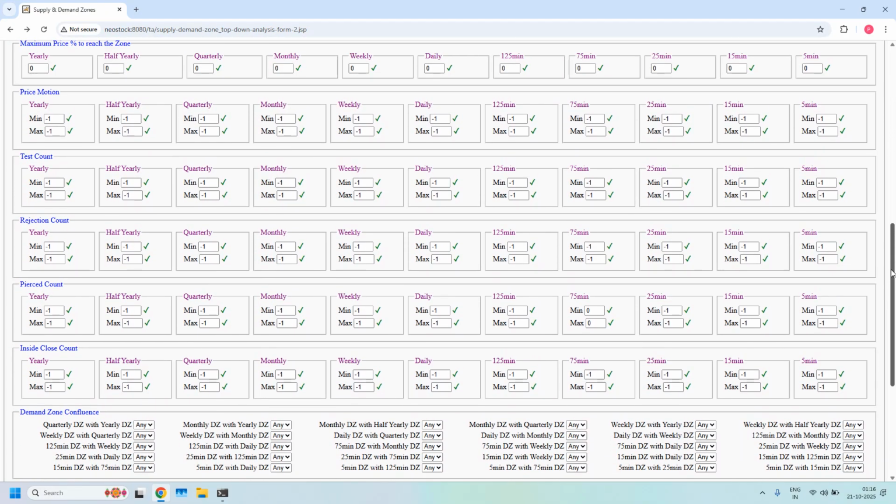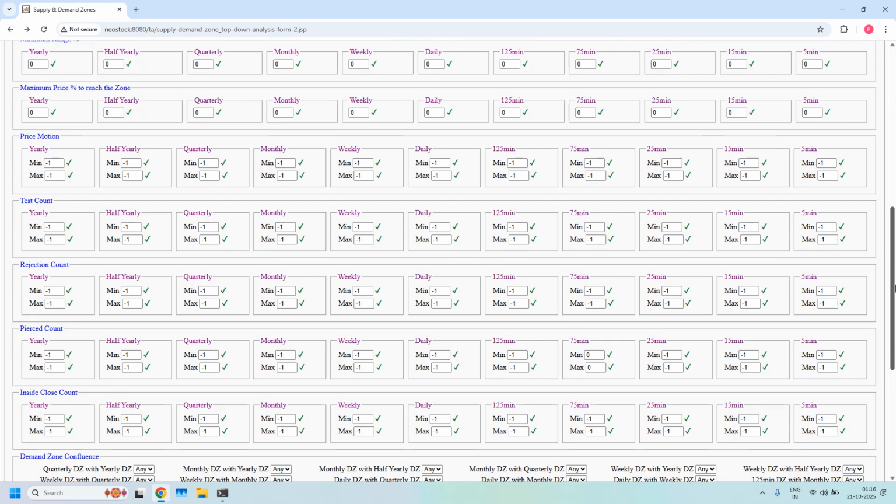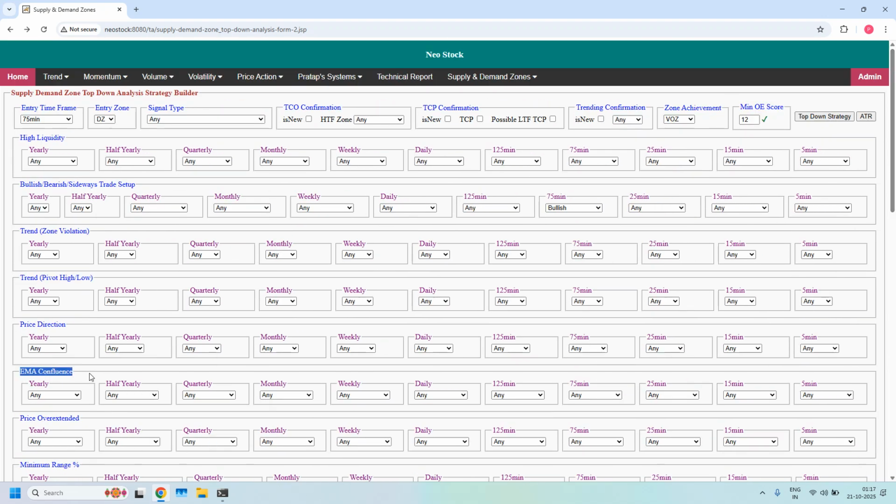Demand zone, LTF and ITF demand zone confluence, not supply zone, because it is bullish trade setup. LTF and ITF, that is 75 minutes and daily demand zone confluence filter is enabled, and then in the EMA confluence, daily demand zone with daily EMA, because the daily trend is uptrend for all the stocks, because it is bullish trade setup.